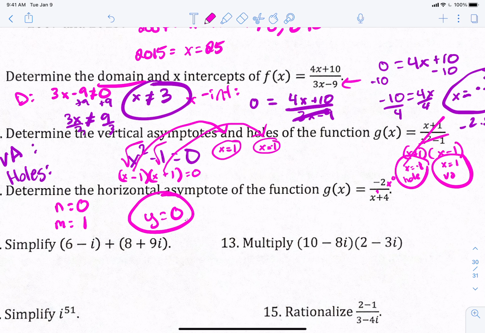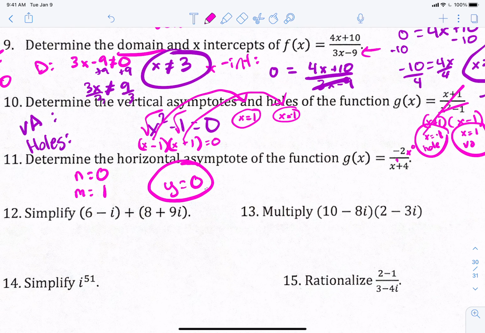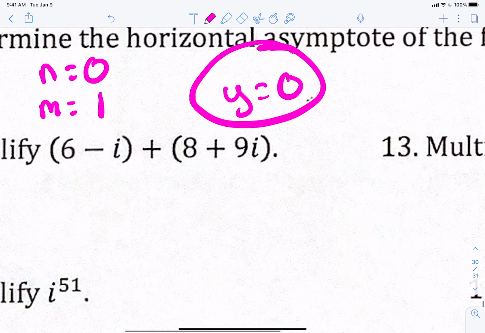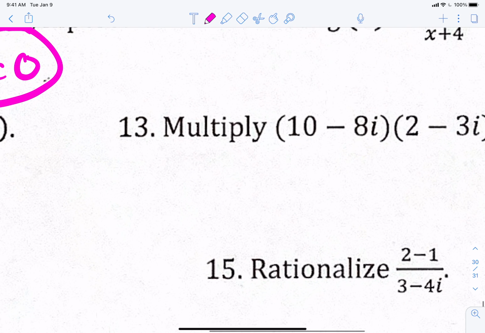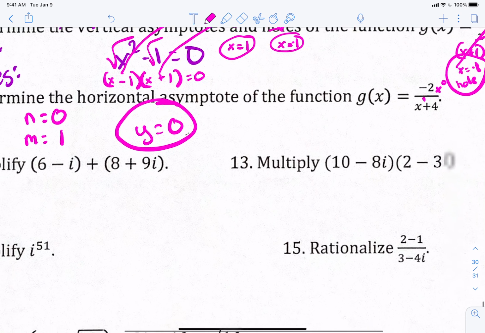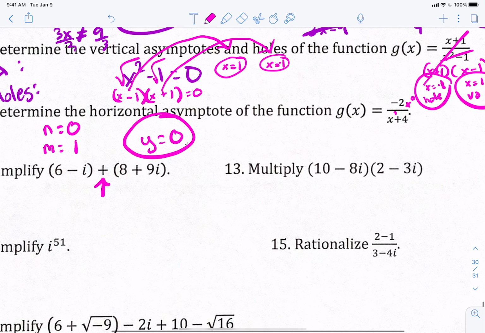Now we get to the i's, and these go really fast, I think. Number 12. This is what my Algebra 2 kids get stuck on. They see number 12, and they FOIL it. And they see number 13, and they also FOIL it. What's the difference between the two? This one says add.